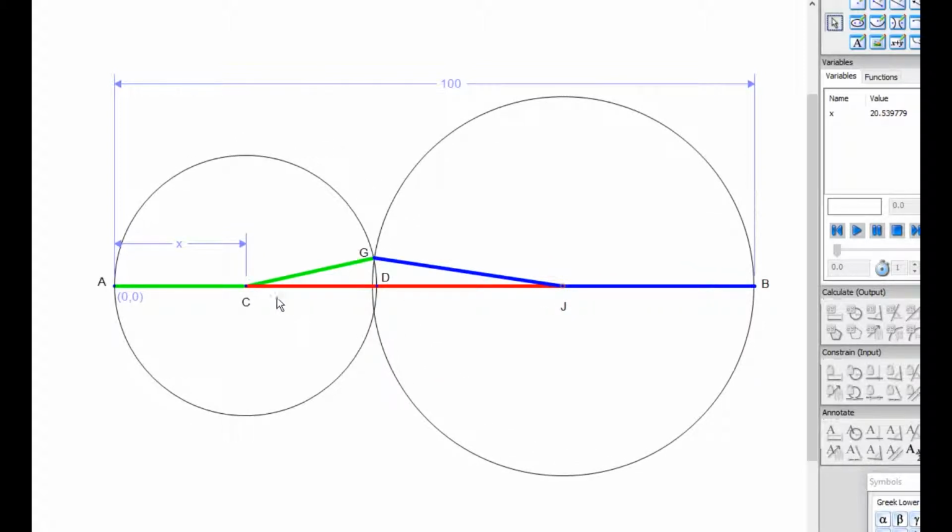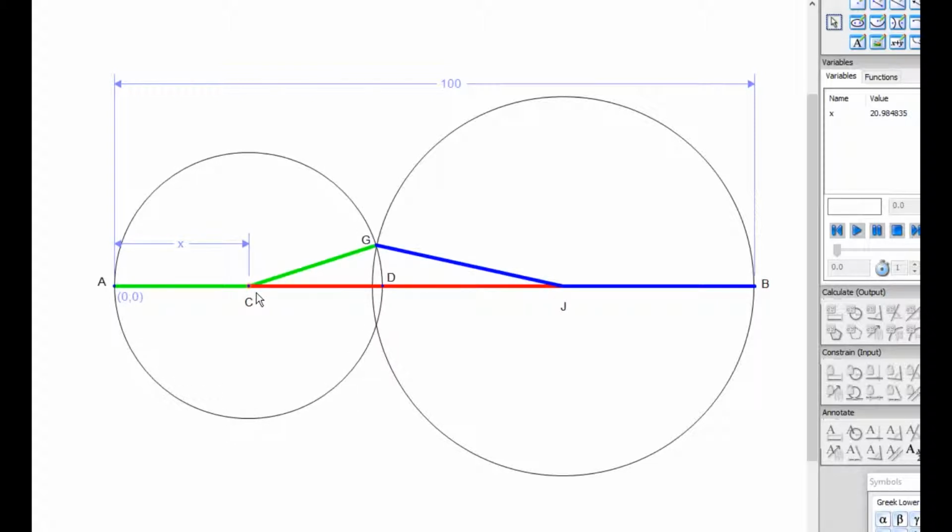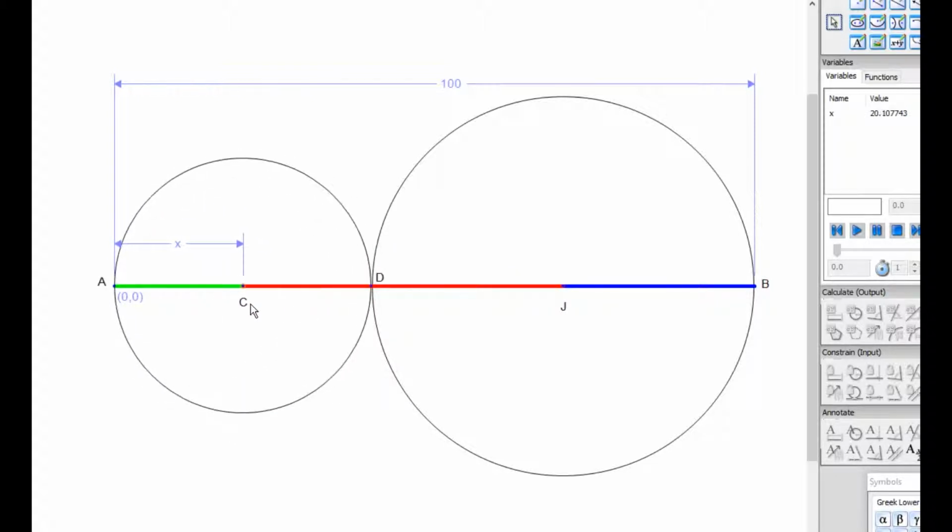So as that J goes bigger, it's always going to be the 50 in the middle, but as you make J move across, X, the starting point for X, gets further and further to the left.